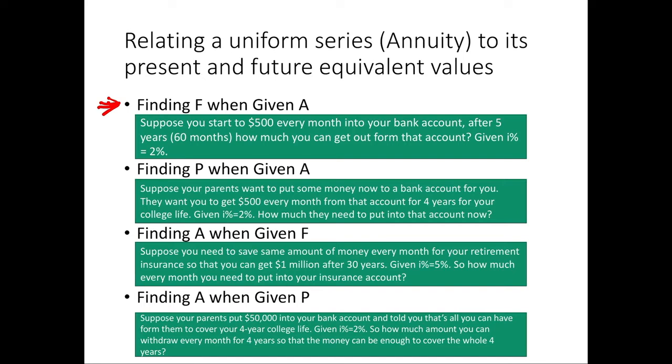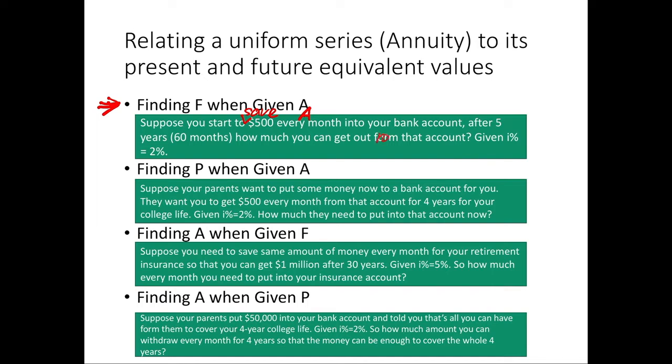In the real case, you can think, suppose you start to save $500 every month into your bank account. So $500 every month into your bank account, that's kind of annuity, right? And after 5 years, which means after 60 months, how much can you get out from that bank account?